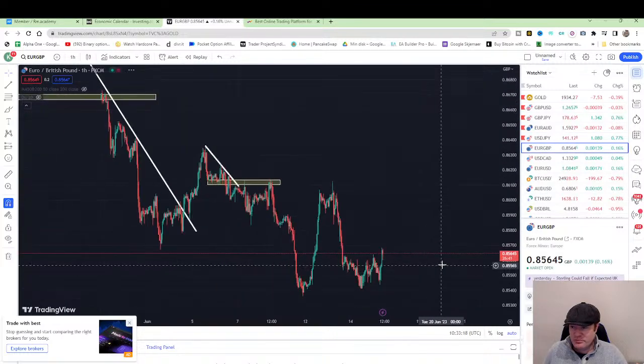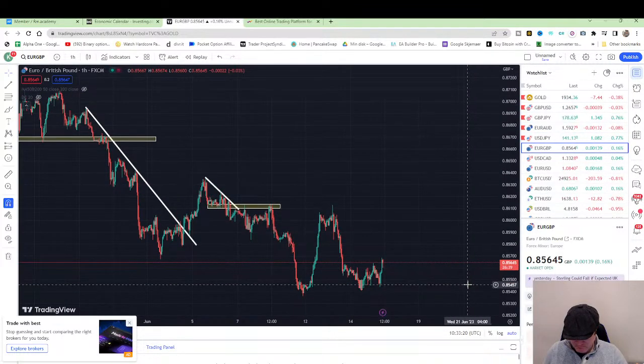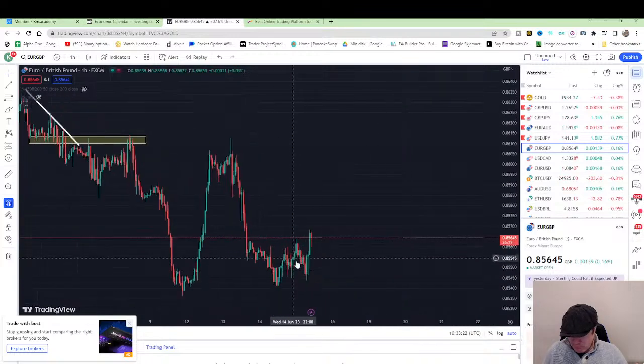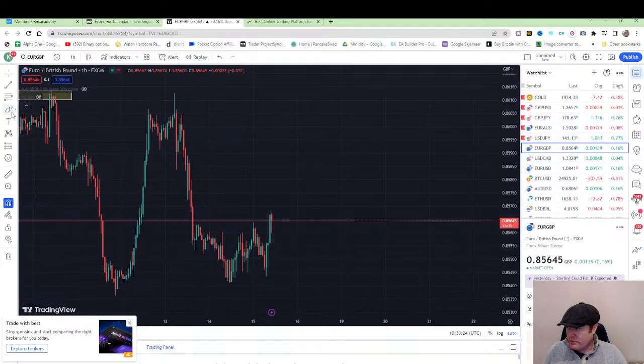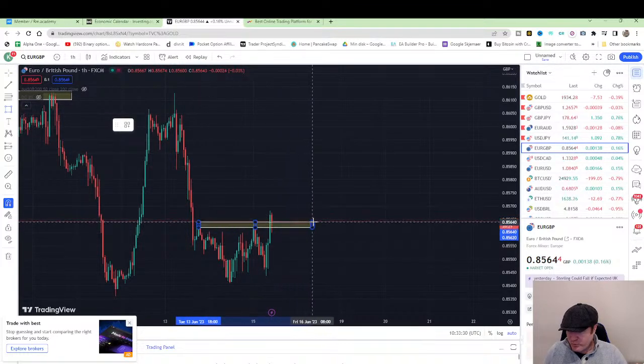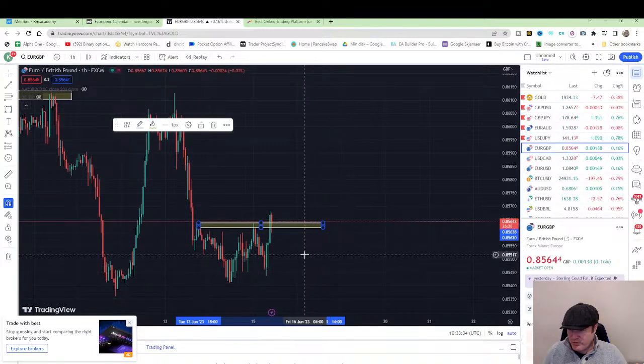Euro against British pound. Let's see if we can find something here. Okay. Here maybe we have something. We just broke up a bound and we have a retest.